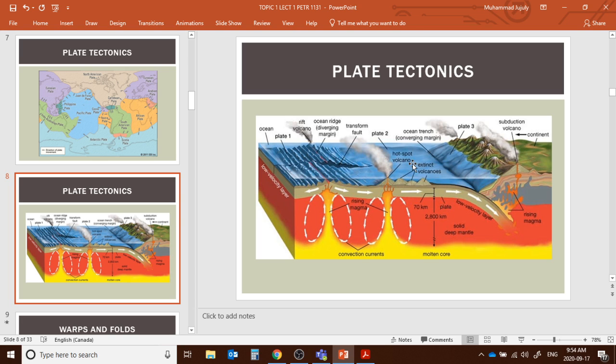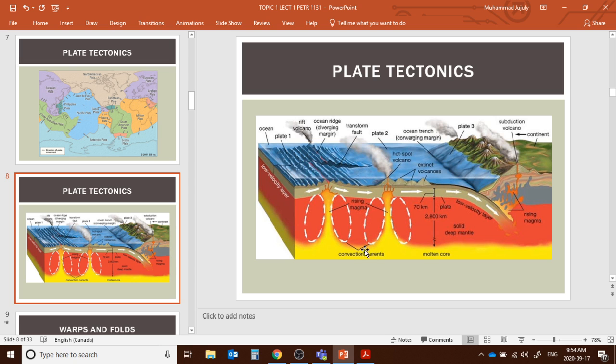There are many types of geological change, like creating faults and creating ocean ridges. Whenever faults are created, what are faults? Faults are created when two plates collide with each other.